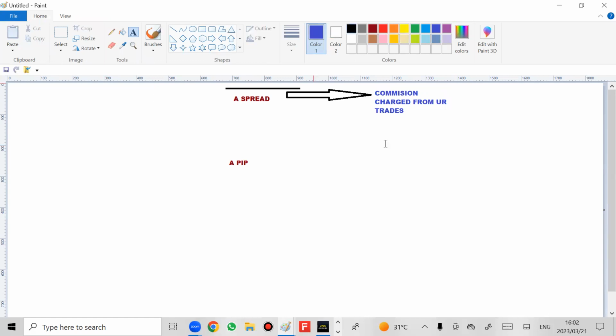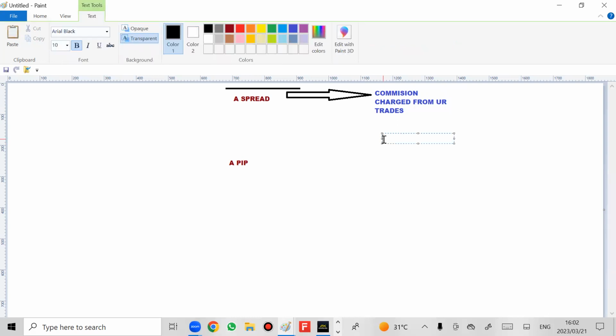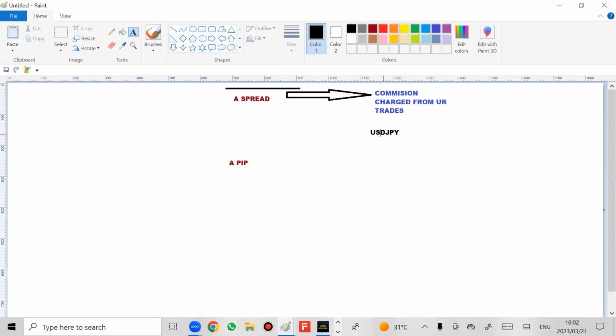For example, give me one major currency pair. Okay, let's take USD JPY. For instance, if we have USD JPY, how many banks are associated here? There are two banks.